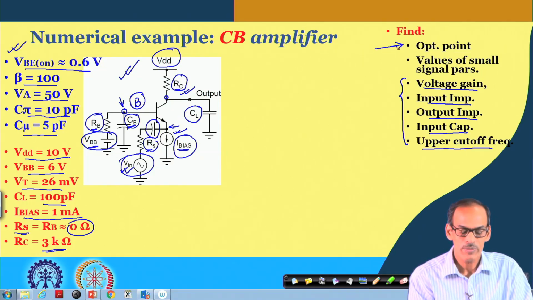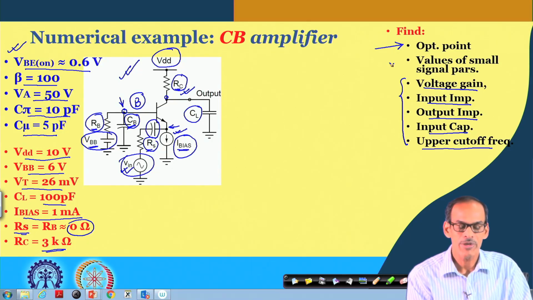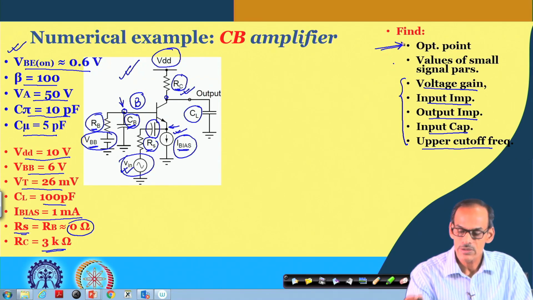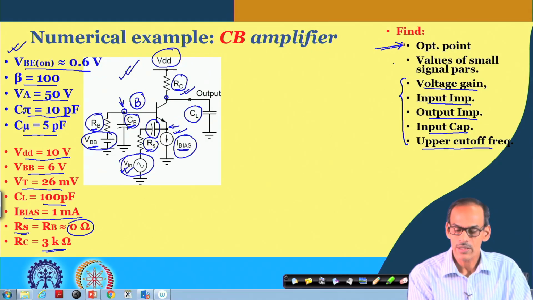To get the operating point, we can do the DC analysis, and then we will go to the calculation of small signal parameters of the transistor, namely g_m and then r_o of the transistor. So, let us target this point and try to find the operating point of the transistor.